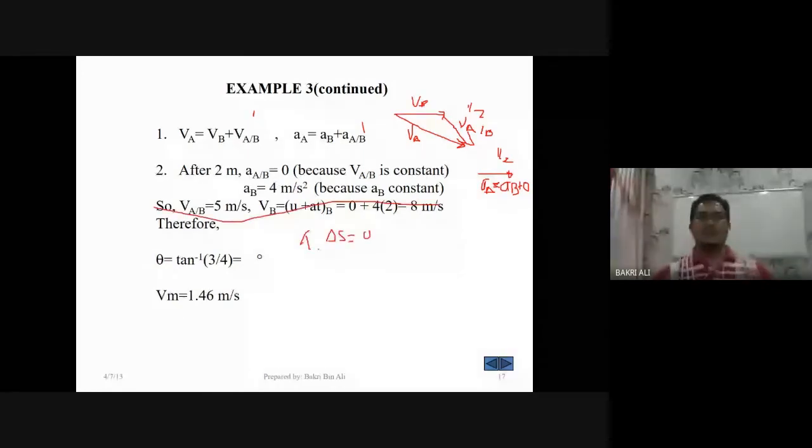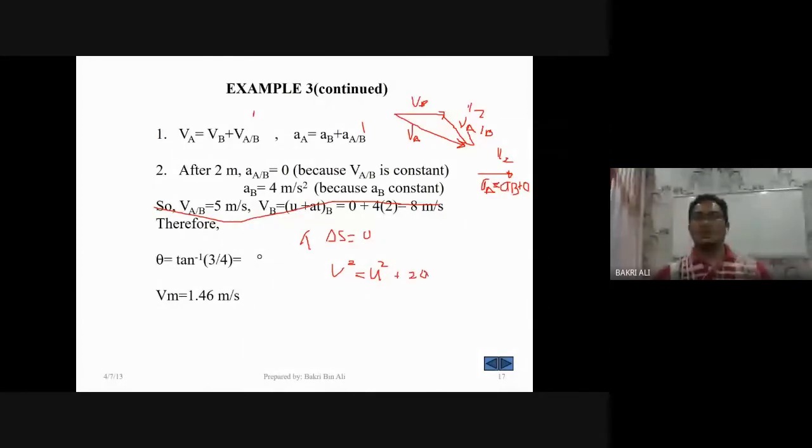So we can use the constant acceleration formula: V squared equal to U squared plus 2A delta S for B. UB is known, 0, AB is known, 4, and delta S is 2 meters.